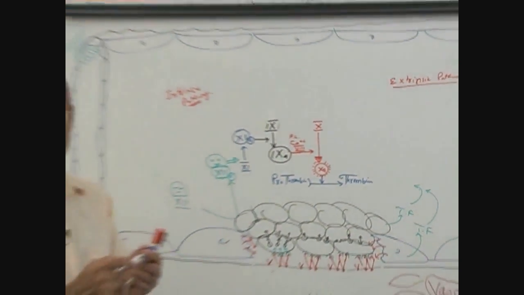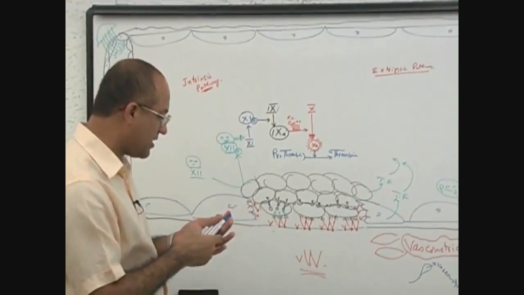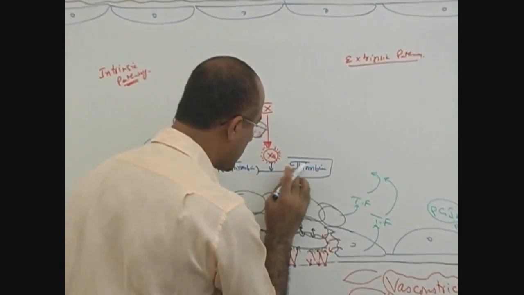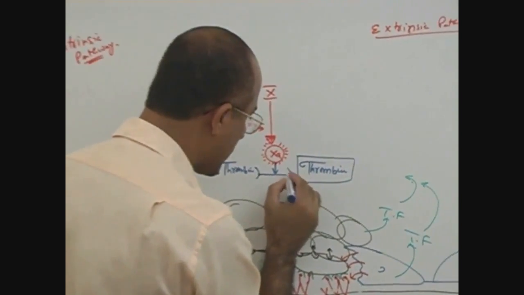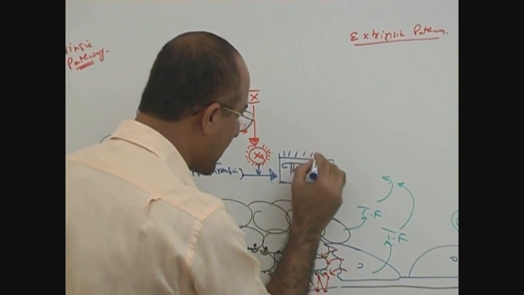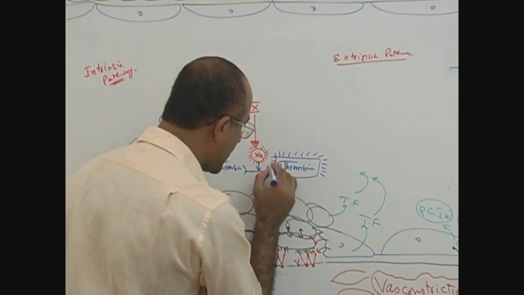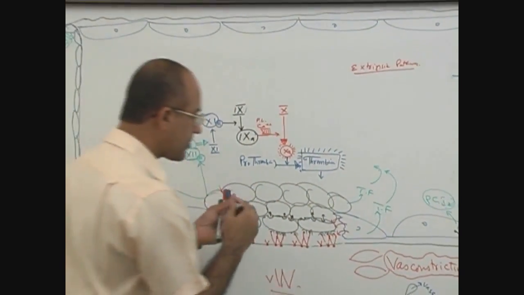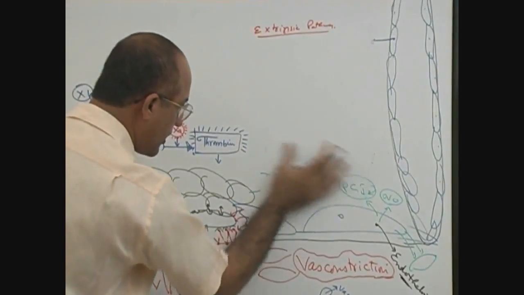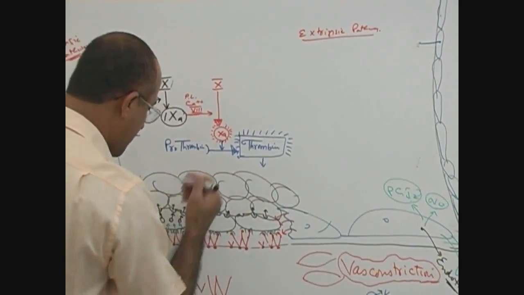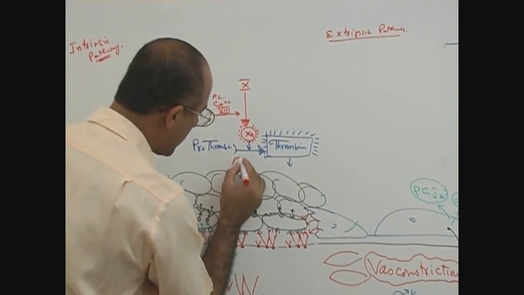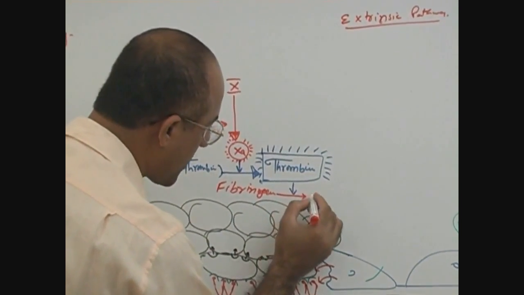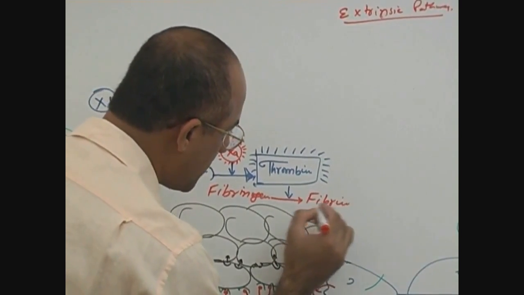And this was the real action, because this is the thrombin, the superactive molecule. What will thrombin do? It will break down the fibrinogen into fibrin monomers.